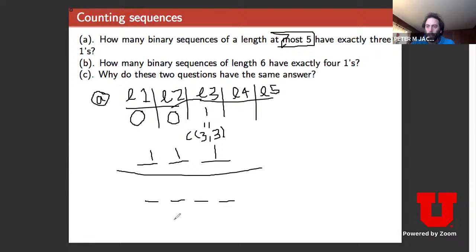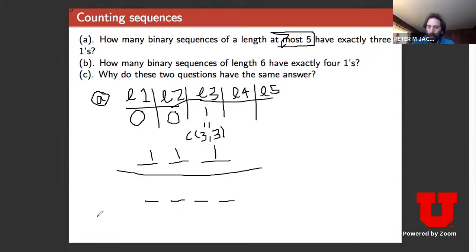And what we're doing is selecting slots, and we need to select exactly 3 of them to have the ones. It doesn't matter the order that we select the slots in. And we can't select a slot that's already been selected. If we put a 1 in a slot, we can't put another 1 in that slot.